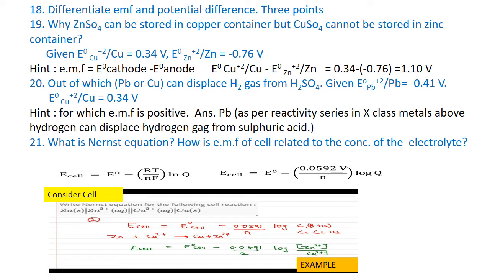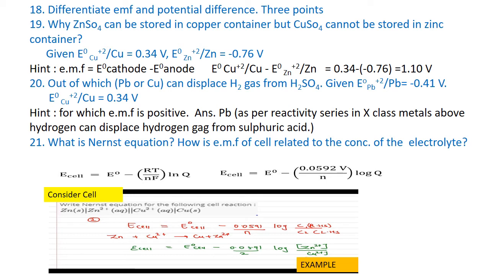In this example, for this reaction, zinc gives zinc plus 2, salt bridge, copper plus 2 converting into copper. So E cell will be E naught cell minus 0.0591 upon n. n means number of electrons lost or gained, log of the concentration of the products divided by the concentration of the reactant ions, and each raised to power as given in the balanced equation.